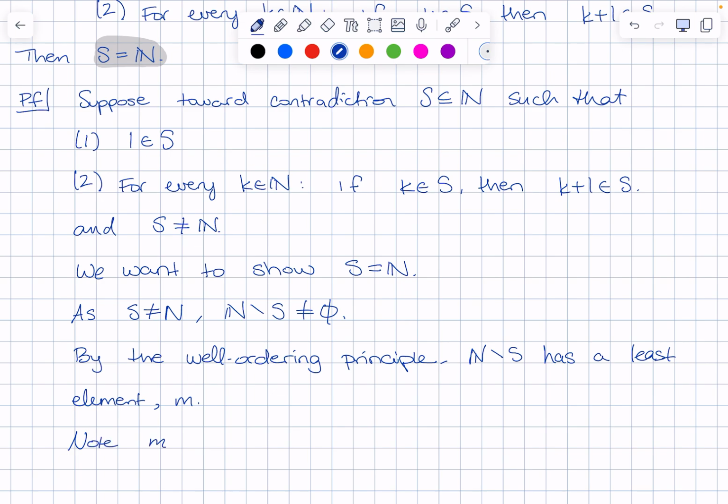Okay. What do we know about this element M? We know for sure 1 is in our set S, which means 1 is not in the set N minus S. So that means M has to be greater than 1.